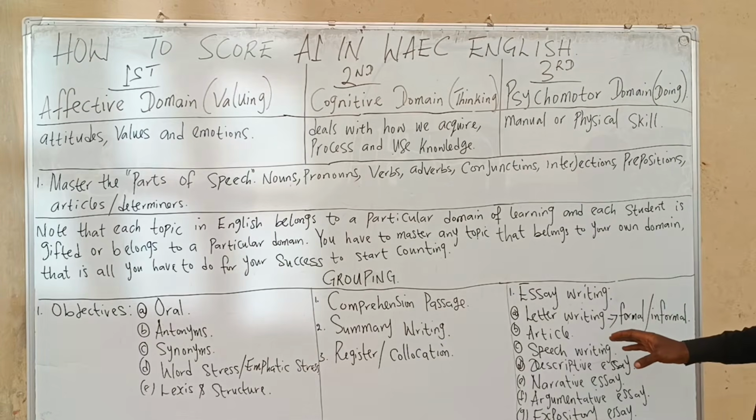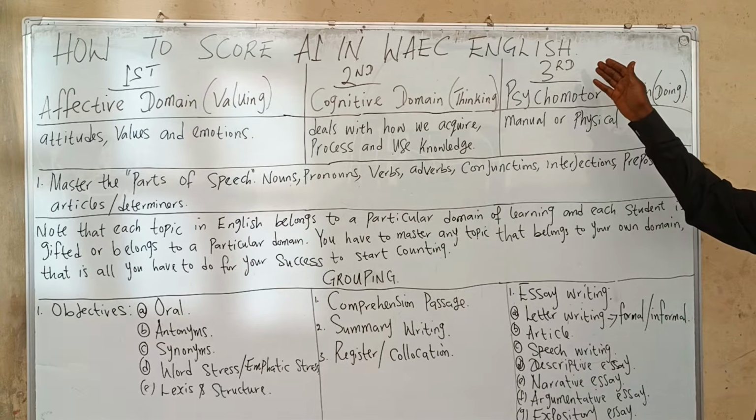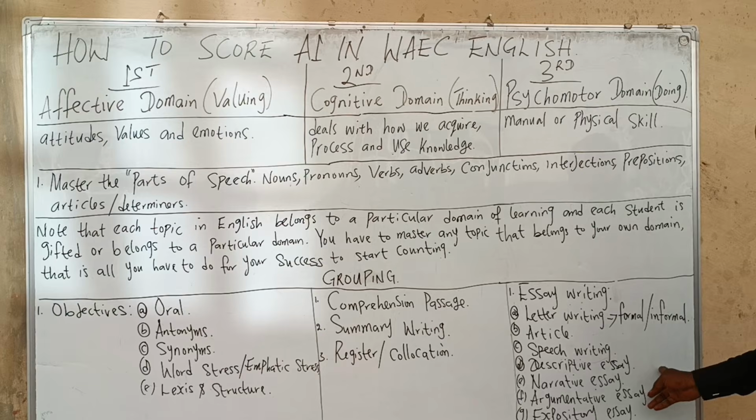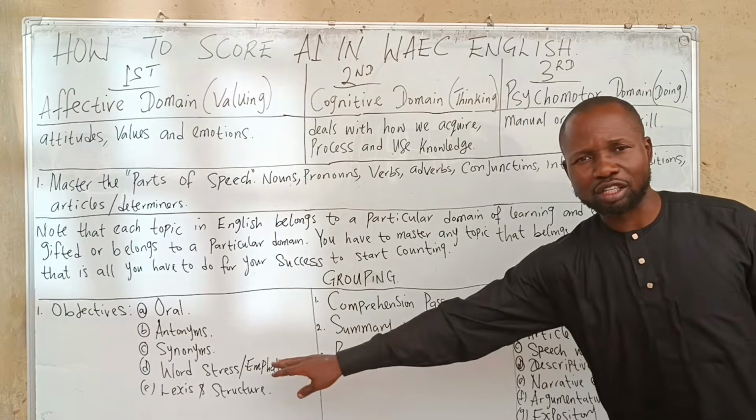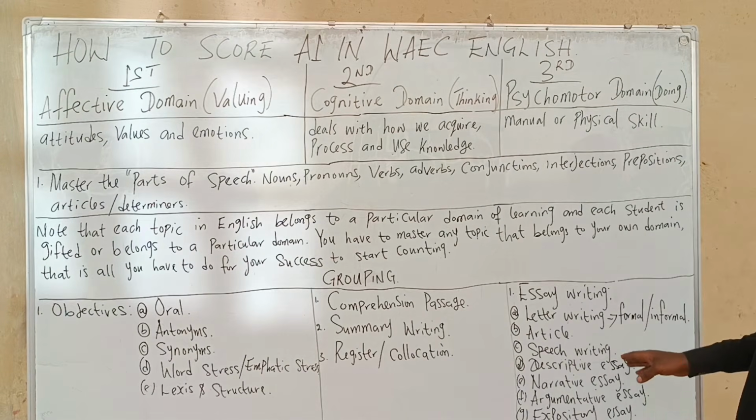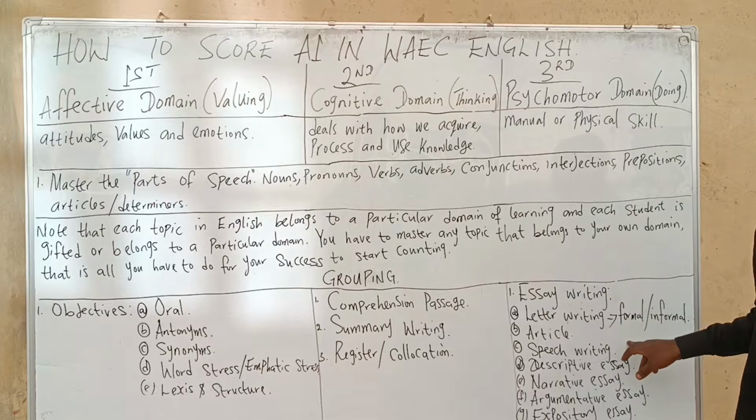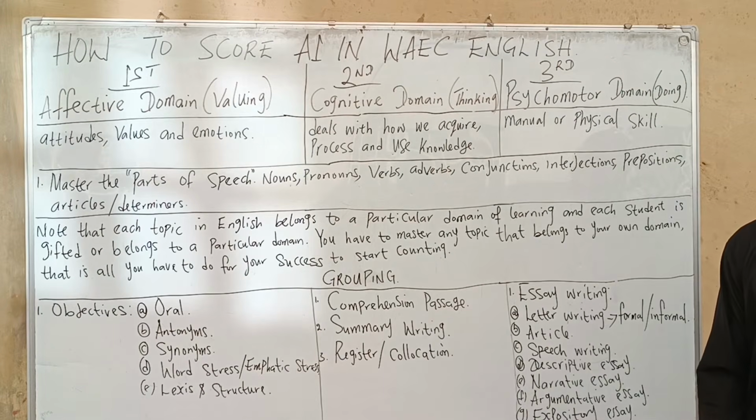So in assumption, if you know that you are an expert in the psychomotor domain, study very hard here. Then you just do the little you can do in the other places, and that's all. Once you hit very hard at this aspect, you must get A1.